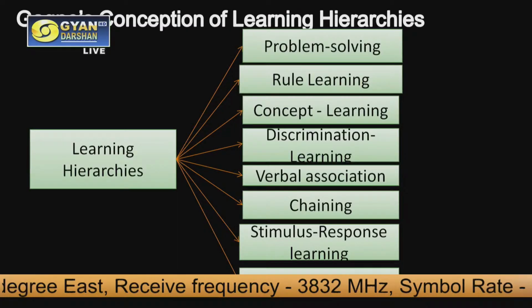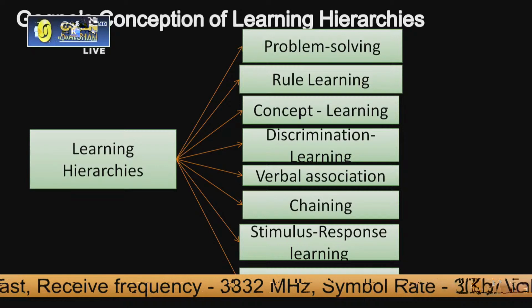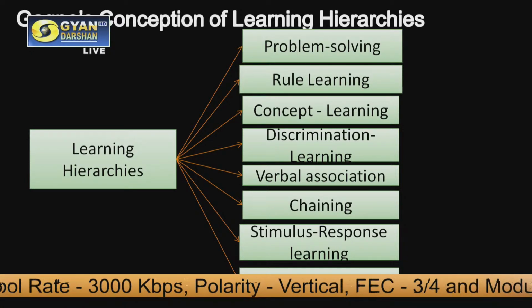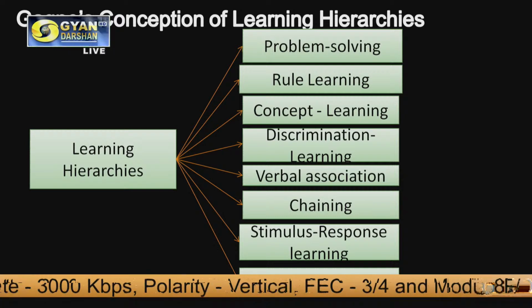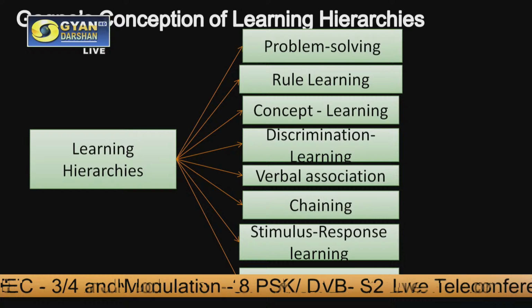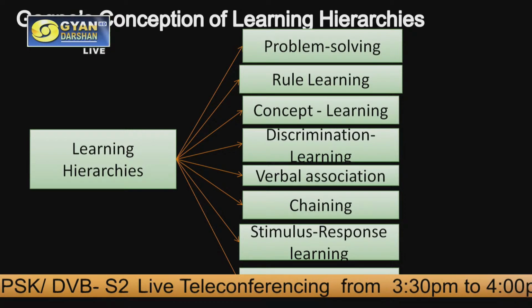In this context, I would like to describe Gagne's conception of learning hierarchies. When we look at the screen, we can see that the learning hierarchies can be divided into signal learning, stimulus response learning, chaining, verbal association learning, discrimination learning, concept learning, rule learning, and problem solving.